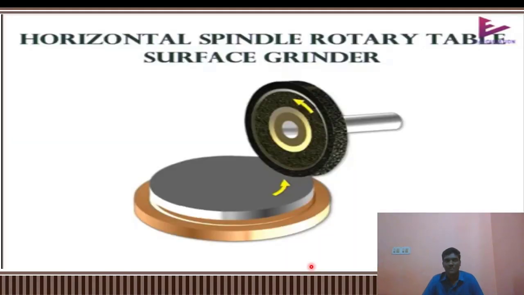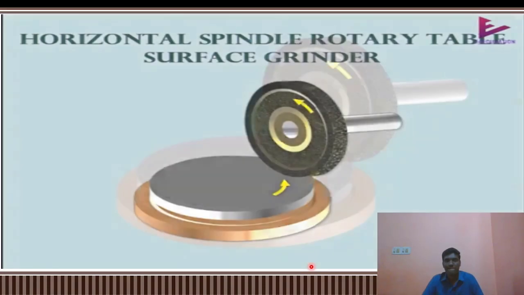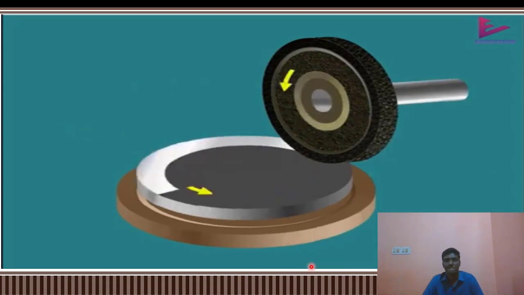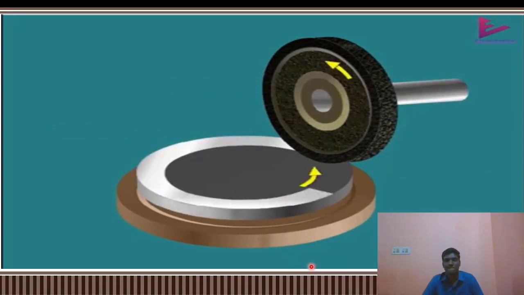Horizontal spindle rotary table surface grinder. Workpiece, rotary table, and grinding wheel. In the horizontal spindle rotary table surface grinder, the workpiece is rotated under the rotating grinding wheel.